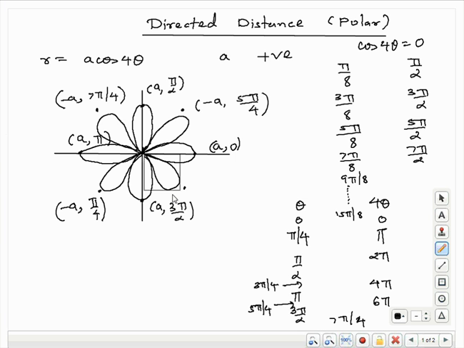Any questions at this point? If you have, then let me know. Looks like no questions. Now when we do the area calculation for one loop out of 8, then half integral r square d theta.